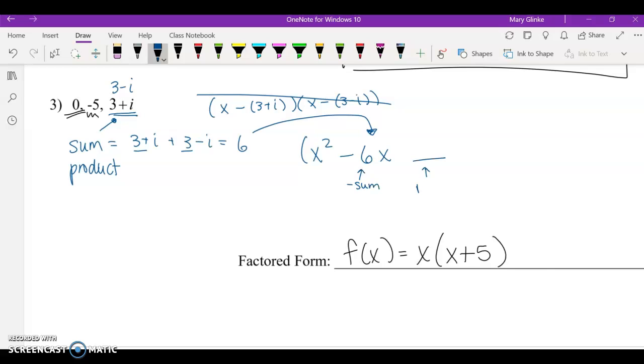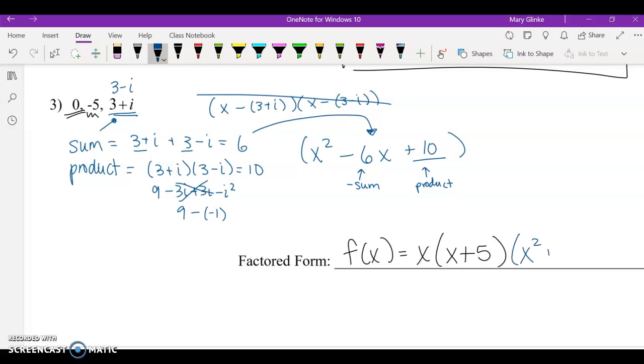And at the end went the product, if you took your two roots and multiplied them. So let's do 3 plus i times 3 minus i. When you distribute that, your middle two terms are going to end up canceling each other out. So you get 9 minus i squared, which is -1. So that becomes 9 plus 1, or 10.